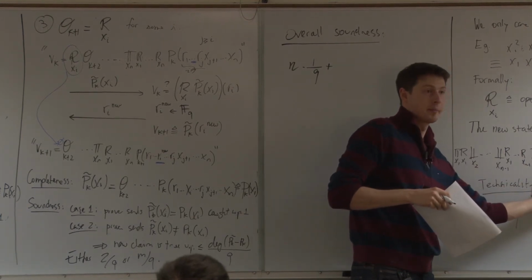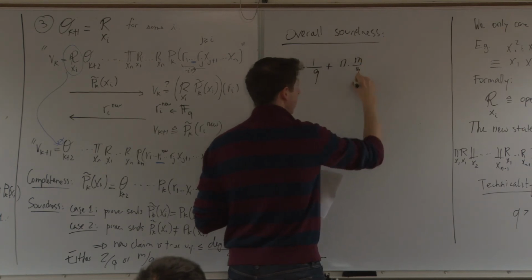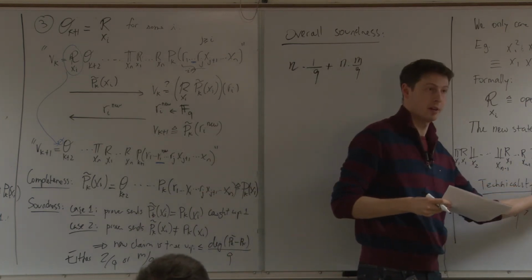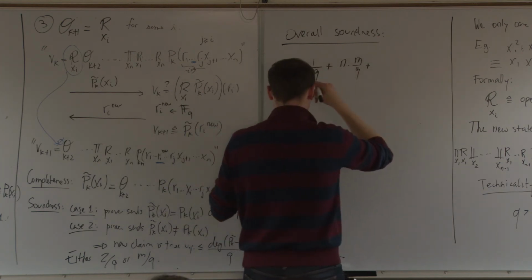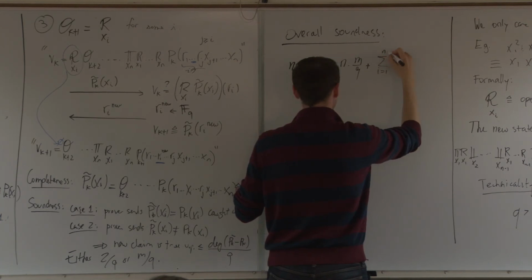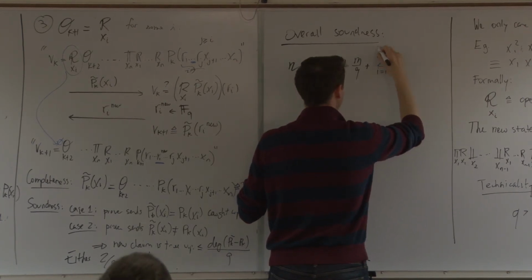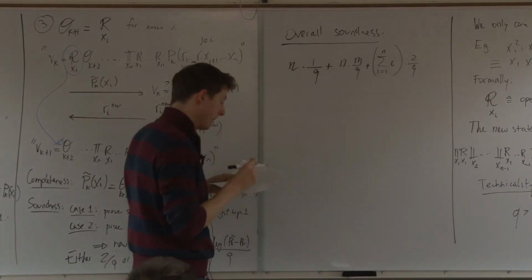Just these guys. N, right? So we have n times m over q, right? That takes care of these guys. Plus roughly n squared, and more precisely, I think it's something like the sum of i going from 1 to n of i, but whatever, order of n squared times 2 over q. Okay?